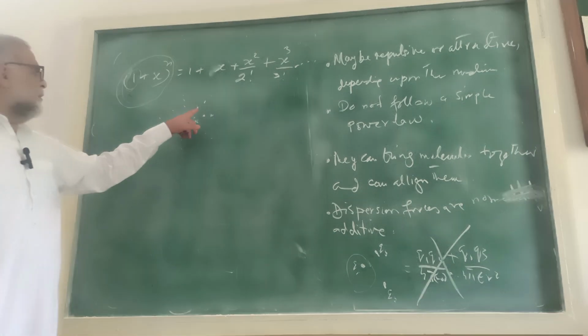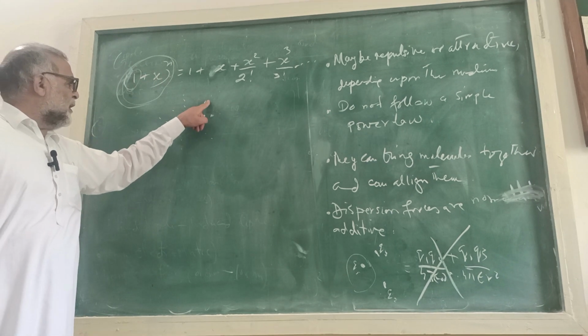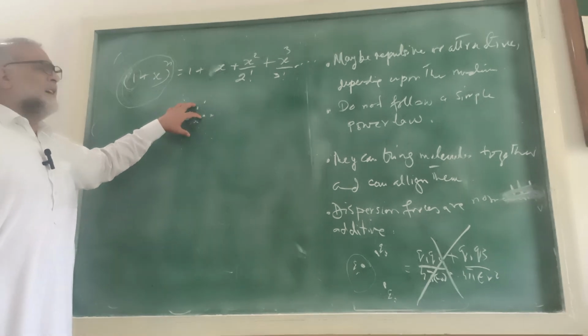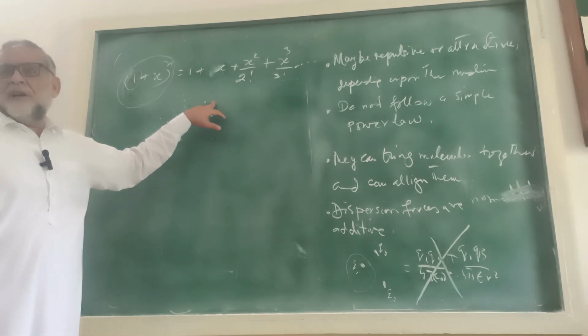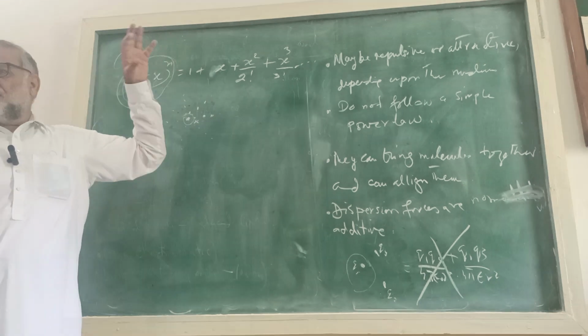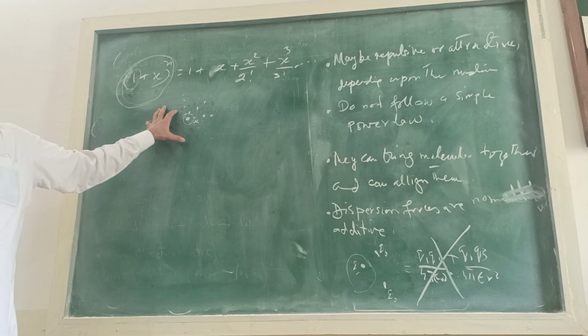Then what will be the value at the second point? For example, if you want to find a field, what will be the field here? The electrostatics follow a simple power law, right?